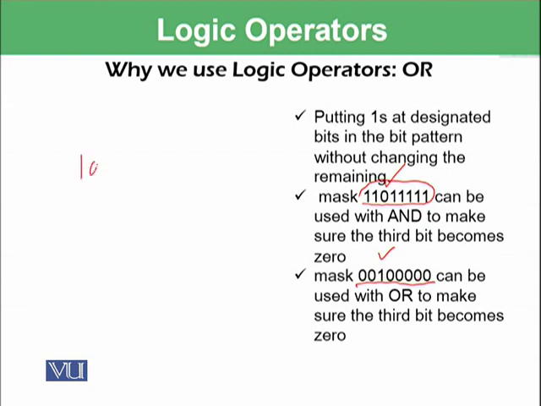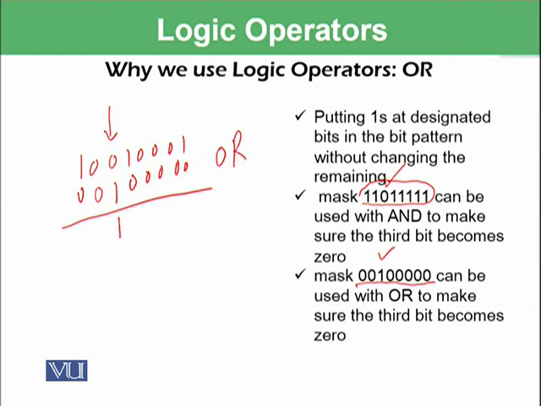For example, you have a bit pattern 1 0 0 1 0 0 0, numbered 3 4 5 6 7 8, and we want to make this bit 1. So you can put 1 there and zeros elsewhere, and perform the OR operator. It will become 1 and the others will remain unchanged, whatever was available in the input.